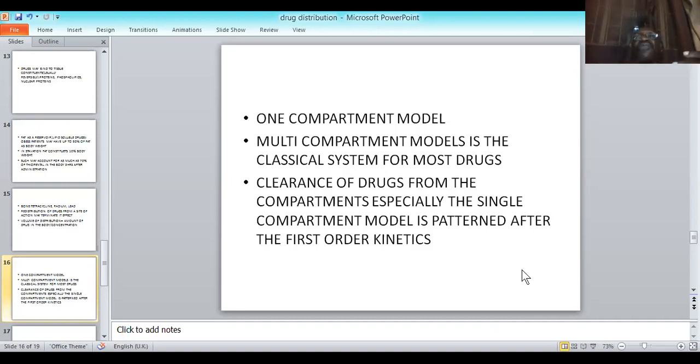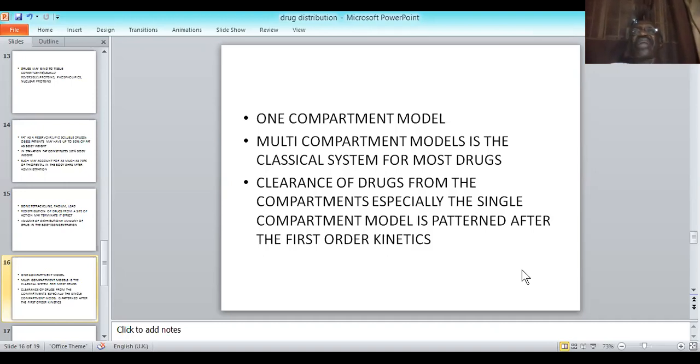Now, what do we mean by first order kinetics? First order kinetics states that a constant fraction or a constant percentage or proportion of a drug is metabolized per unit time or is excreted per unit time, depending on whether we are talking about metabolism or excretion.